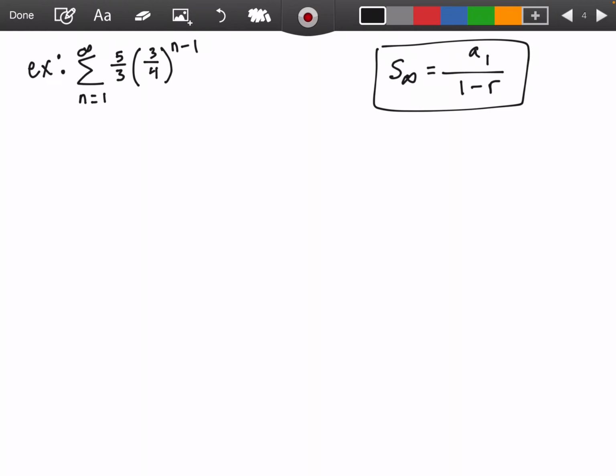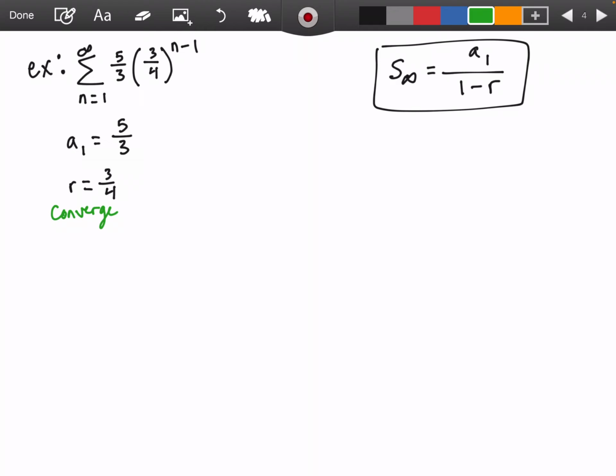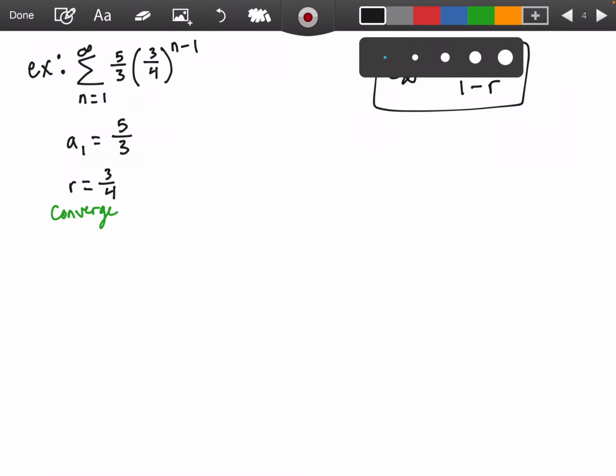Okay. Well, in this situation, I can see that my a1 is going to be 5/3. I can see that my common ratio is 3/4, which means, awesome, this is converging, which means we can use our sum formula. We can find the sum.